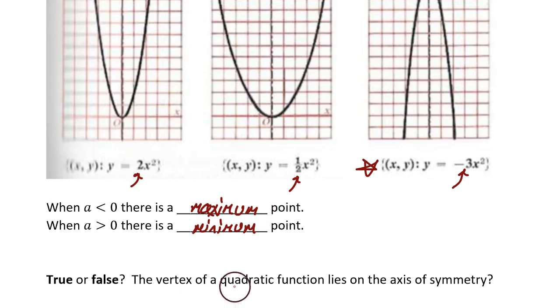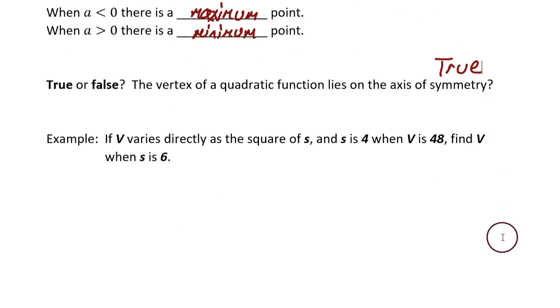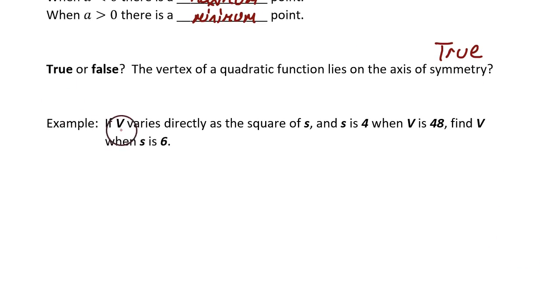The vertex of a quadratic function lies on the axis of symmetry. That's true. Here's an example. If the variable v varies directly as the square of s, and s is 4 when v is 48, find v when s is 6.